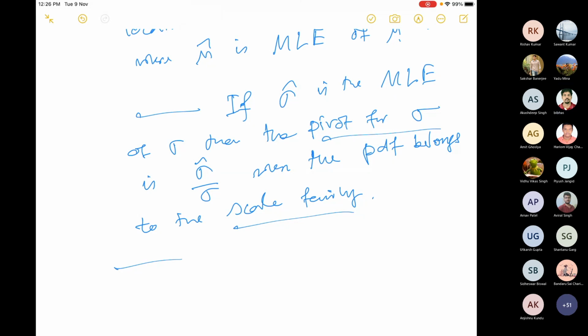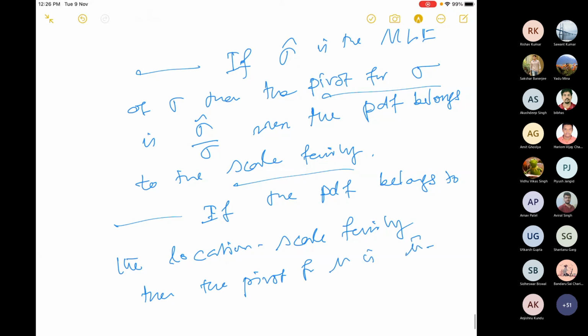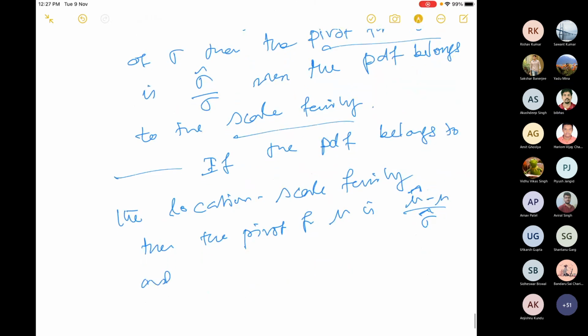And if the PDF belongs to the location scale family, that means when both mu and sigma are unknown, then the pivot for mu is mu hat minus mu by sigma hat, and the pivot for sigma is sigma hat by sigma.